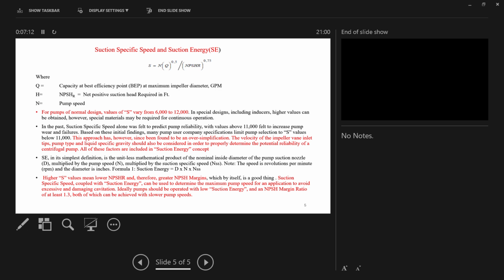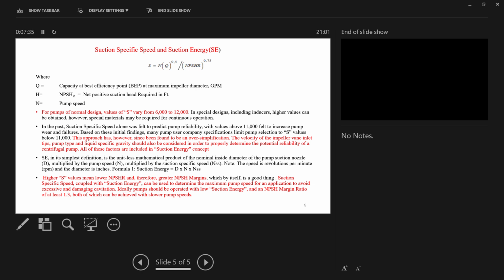We have to find out another formula that is called suction energy. Suction energy is D into N into NSS, where D is the impeller suction nominal inside diameter of the pump suction nozzle, multiplied by the pump speed N, multiplied by the suction specific speed, then the value will come, that is called suction energy.